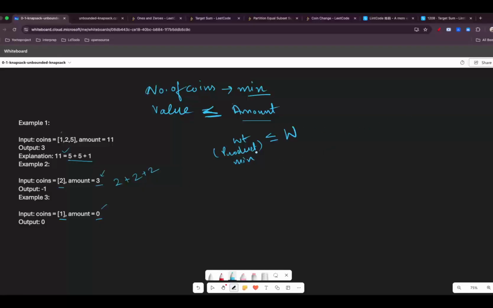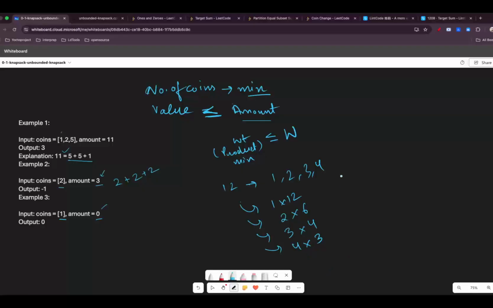Any other example? I'm not able to think of any other for the time being, but even this example which I was telling: one possibility is 1 into 12 coins, another is 2 taken 6 times, another 3 taken 4 times, 4 taken 3 times. These are a few of the possibilities.